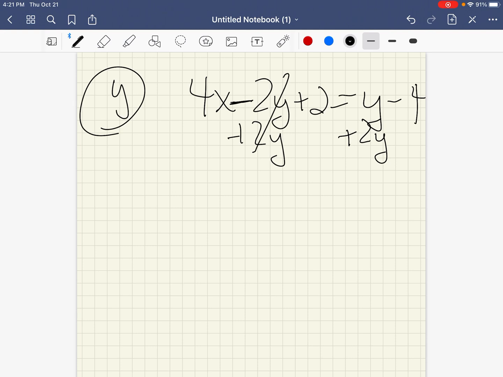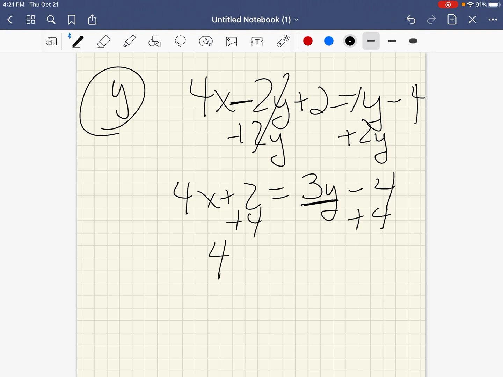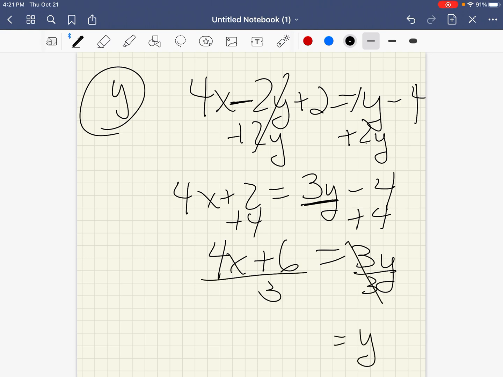So that cancels, and we have 4x plus 2 is equal to 1y plus 2y is 3y minus 4. And then get the y term by itself by adding 4 to both sides. And then finally, to get y all by itself, we need to get rid of the 3, so we divide both sides by 3. So y is equal to 4x plus 6 over 3.